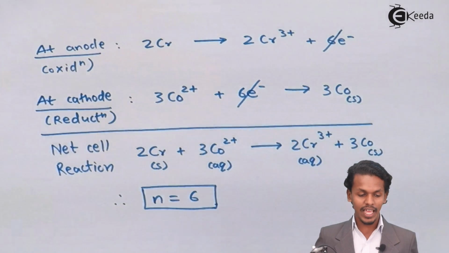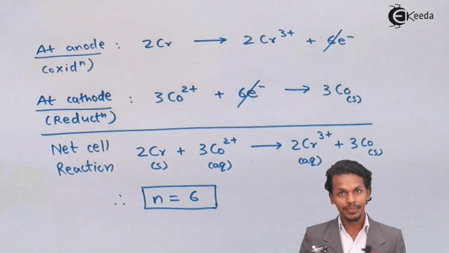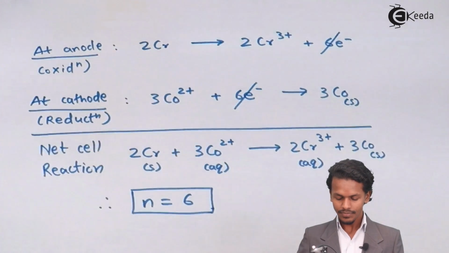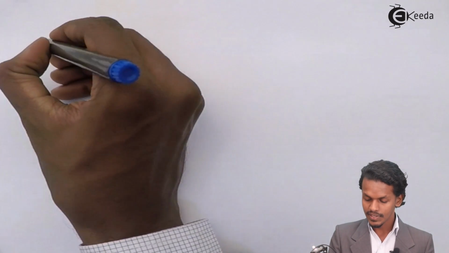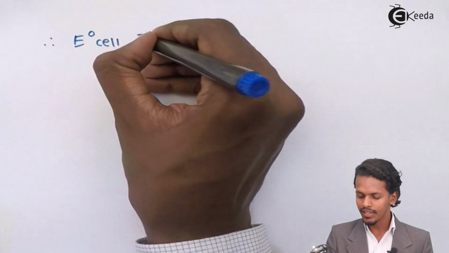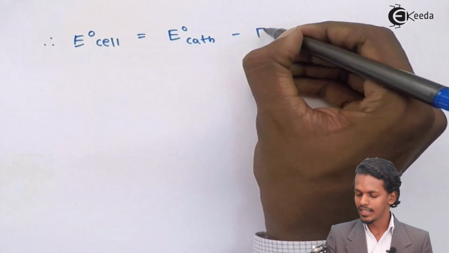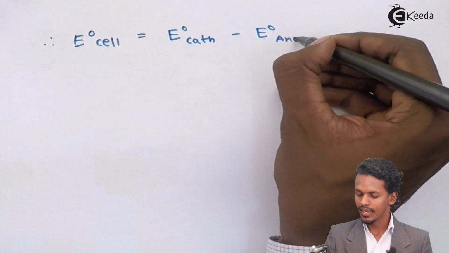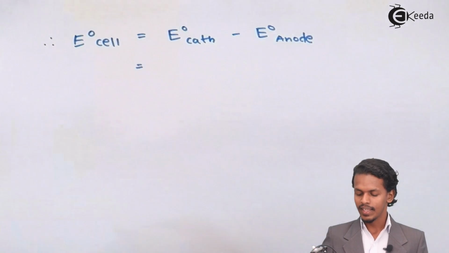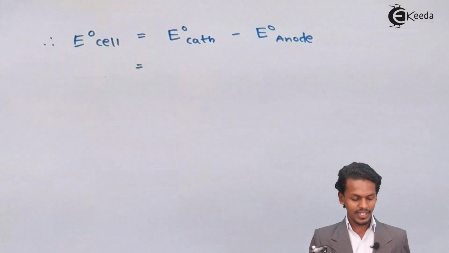So now we have to calculate what would be the E0 cell. We know that E0 cell is nothing but E0 of cathode minus E0 of anode. So which one would be the cathode and which one would be the anode?